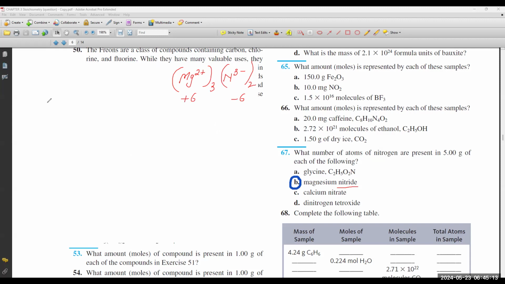So it is Mg3N2. Then it is 3 times magnesium plus 2 times nitrogen. So what's the molar mass? Mayank, you're getting this answer?